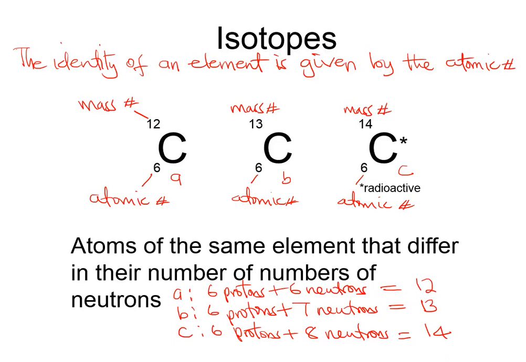So atoms that have the same atomic number but different masses are known as isotopes. So you can write this down.